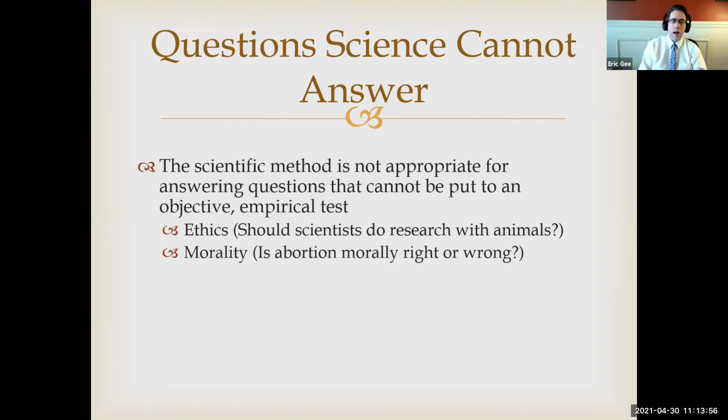It's similar to morality, all right? Is abortion morally right or wrong? That is not a question that science can answer. It can't answer those kinds of questions. We rely on other kinds of sources in order to answer that particular question.